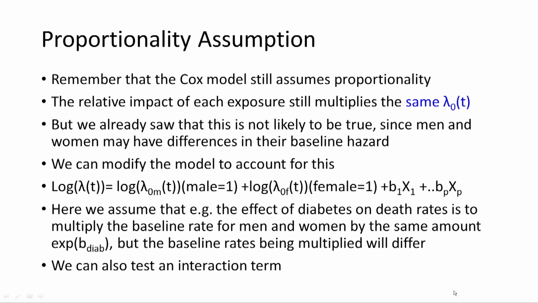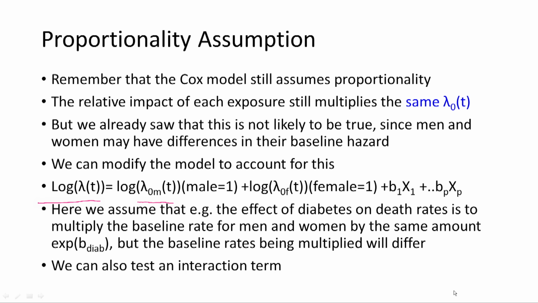One way to do that is to fit a separate baseline rate for men and women. So I could fit a model where now the log of the hazard at any given time is the log of the hazard for men times a variable that's 1 when male equals 1 and 0 otherwise. So that disappears when I'm looking at a woman in my cohort.